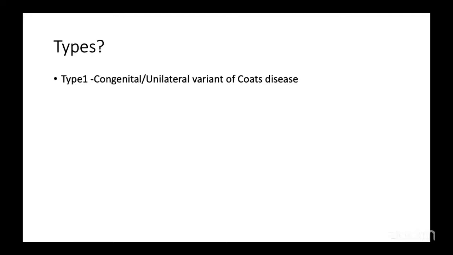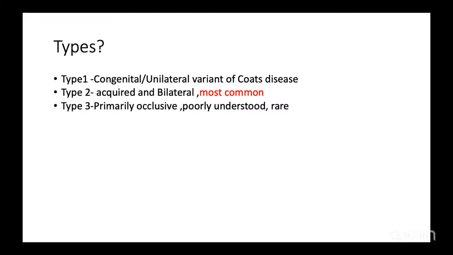So these are the types. Type 1 is congenital, unilateral, and a variant of Coats disease. Type 2 is acquired and bilateral, which is most common, which we are seeing in our slides. Type 3 is primarily occlusive, poorly understood, and very rare.